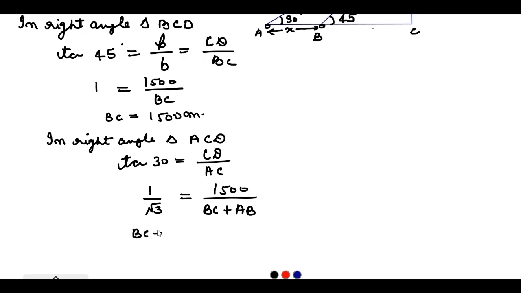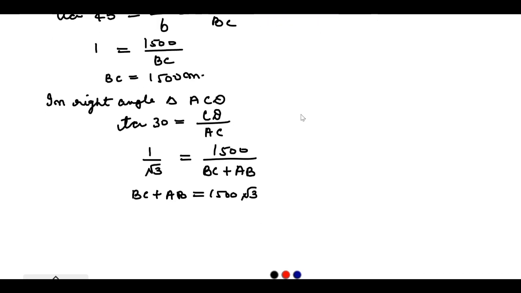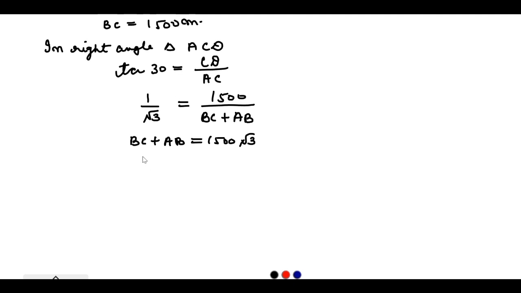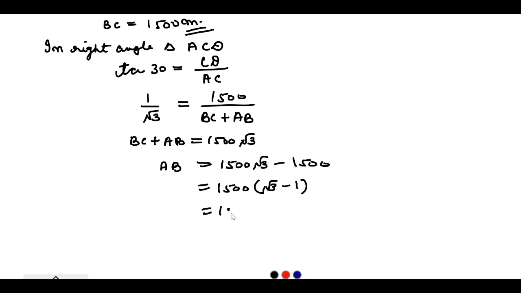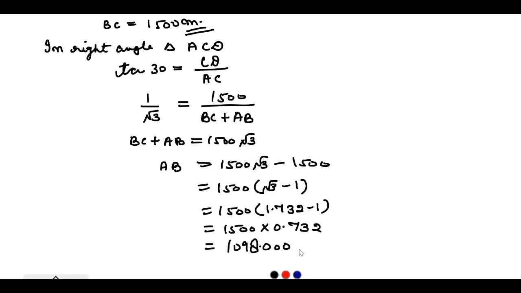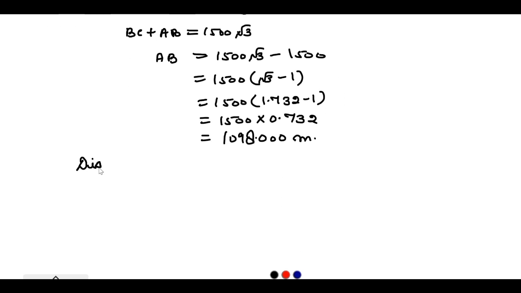It means BC plus AB is equal to 1500 root 3, and BC is equal to 1500 meters. Root 3 is equal to 1.732. It means the distance between the ships is 1098 meters.